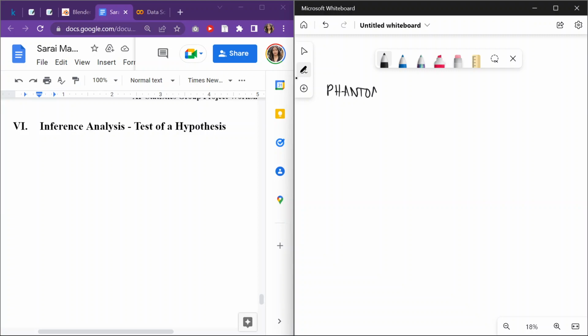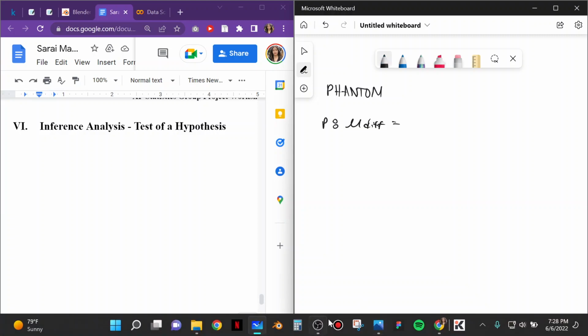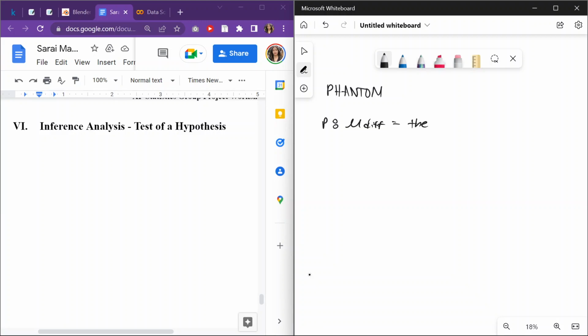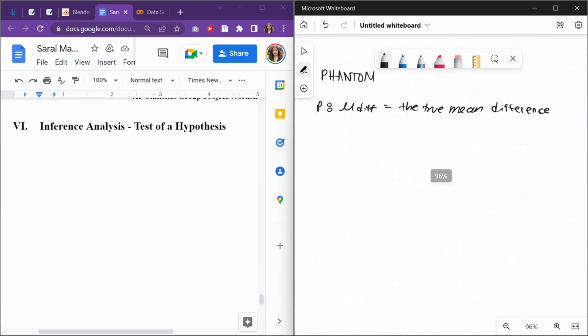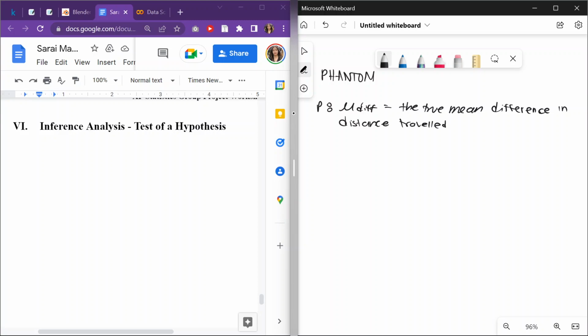So P stands for the parameter, which in this case is mu diff, and that is the true mean difference in distance traveled by gummy bears.